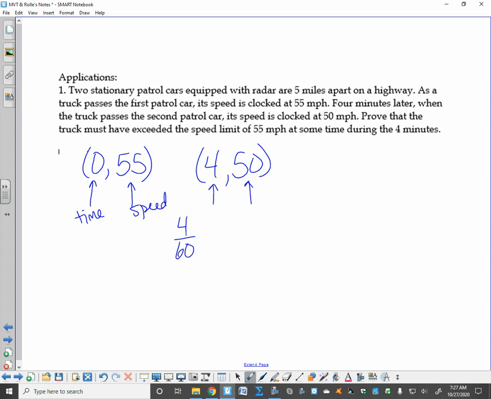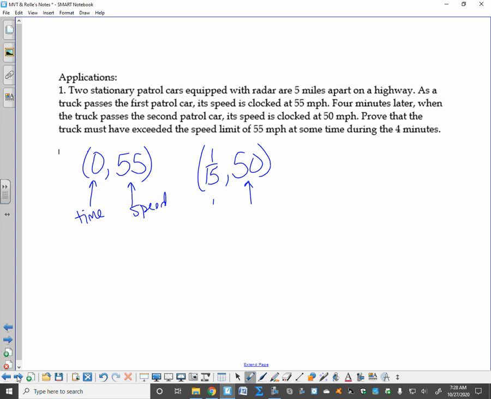The problem is I can't have the 4 because the 4 is in minutes, and the 50 and the 55 are in miles per hour. So I have to change the 4 into hours. Well, 4 minutes out of 60 minutes in an hour reduces to 1/15. Okay, so I'm going to replace the 4 with a 1/15. Now we are all in the same units of measurement.